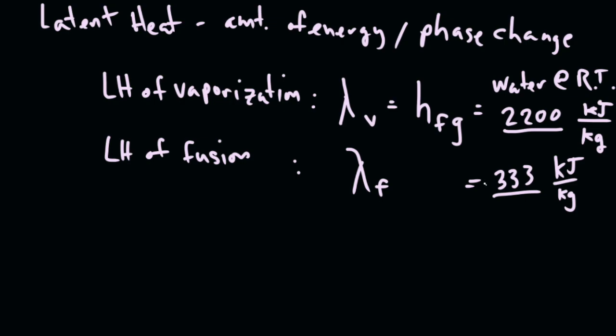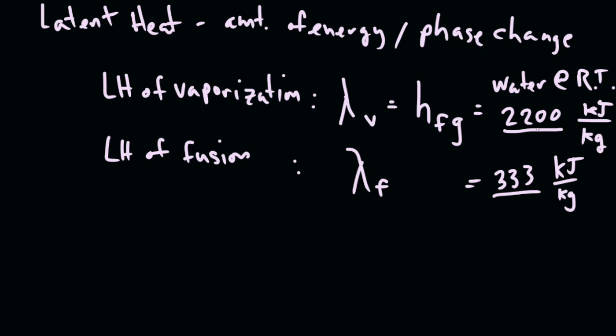To get a good feel for this, 2200 is fairly large for a substance. That's what makes water such a good thermal transport fluid. A kilogram of water is typically about a liter.